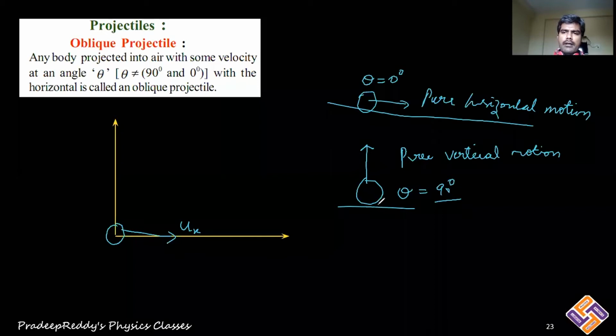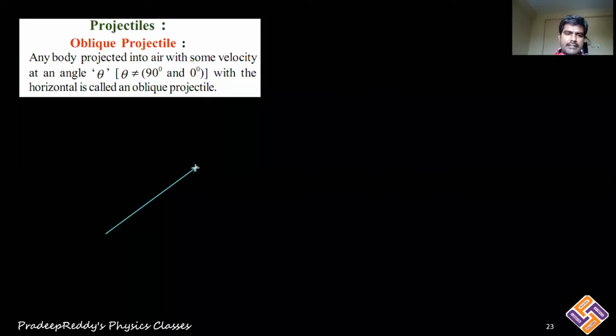Today, we will be learning about a body which is being given a velocity other than 0 degrees and 90 degrees. It is like this. Say you are giving velocity to a body in such a way it makes some angle with the x-axis.